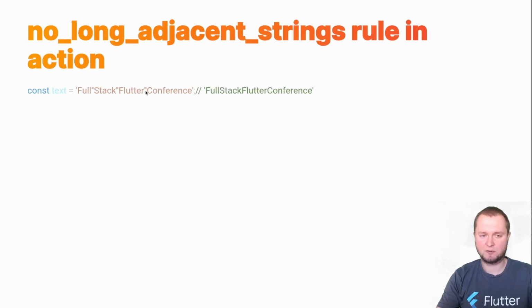There are 4 individual strings enclosed with single quotes, and it is the same as this long string. And our rule has to check that there are no more than 3 such adjacent strings. If there are more than 3, there should be an info violation with the number of strings and the location of those adjacent strings, which file and which line number.